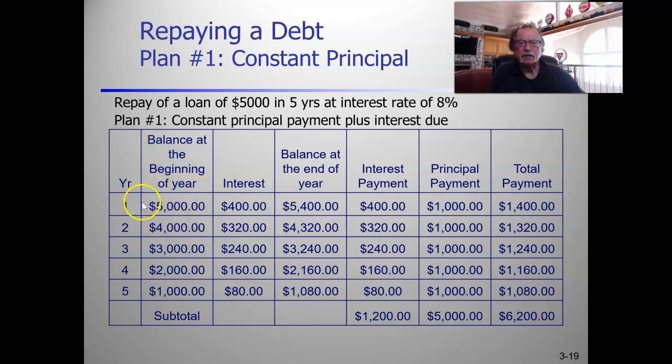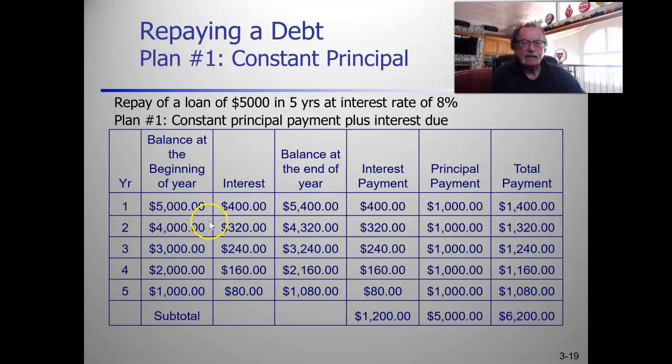So that's the balance at the beginning of the year. We're going to pay $400 interest. That's 8%. So the amount we owe at the end of the year is $5,400. At the same moment in time at the end of the year, we're going to pay the $400 interest that's due and $1,000. Total payment of $1,400. 400 is interest, 1,000 is principal.